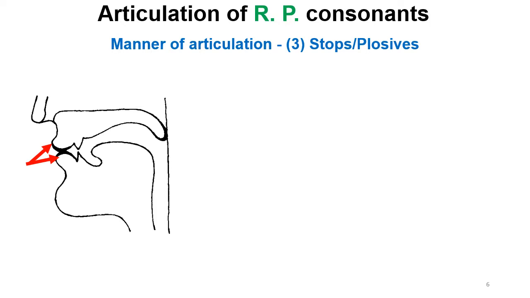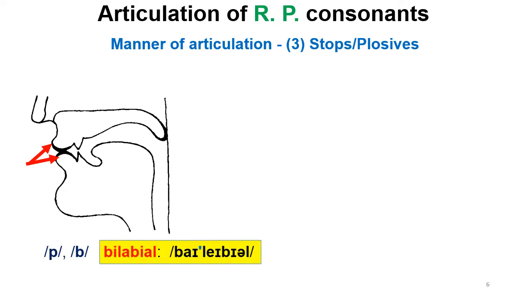And the place where we stop the air is called the place of articulation or the point of articulation. So p and b are bilabial, produced by closing both lips completely and then opening them to release the air.